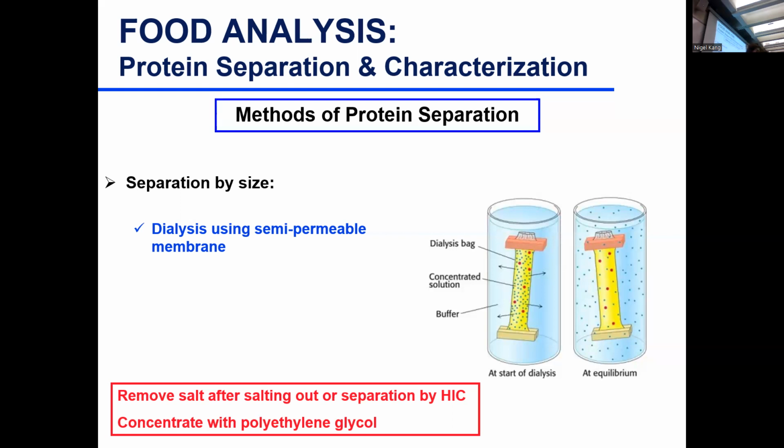And then we can extract our sample. So based on the cutoff, some molecules can pass through the dialysis tubing, some others, no. So the main purpose is to separate protein from ions, small molecules, and sugars, especially ions.